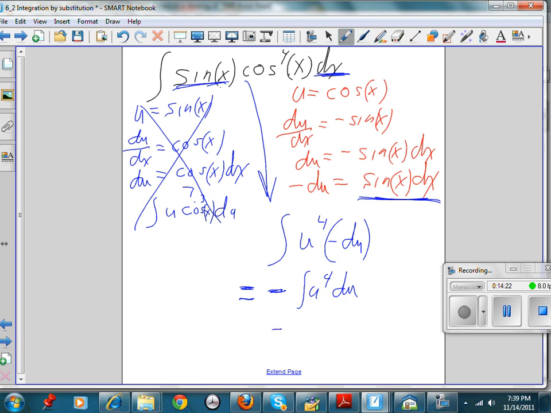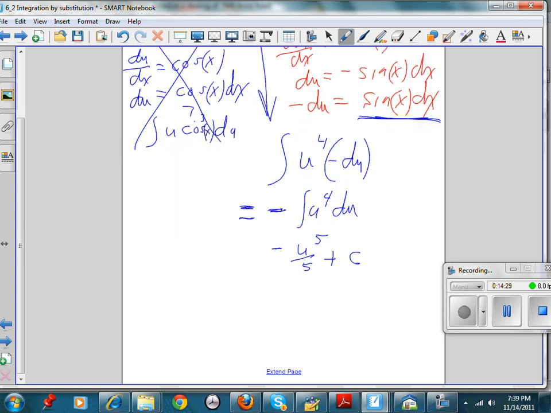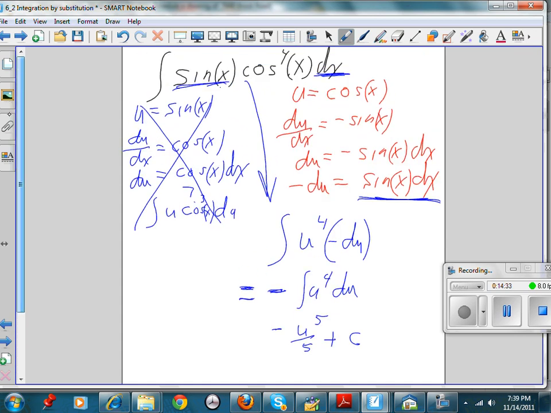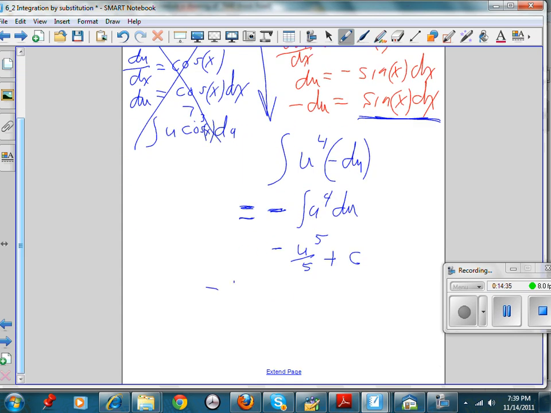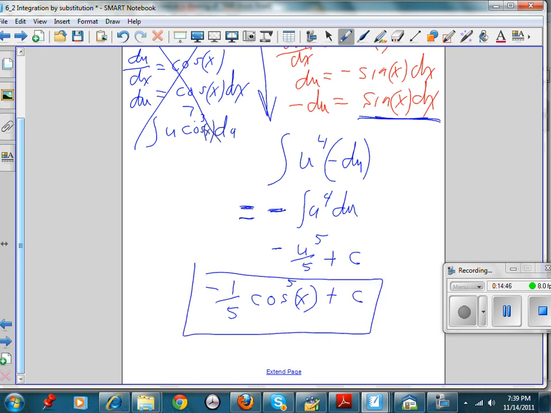Well, it's just going to be negative u to the 5th over 5 plus c. Well, what's u? We substitute back in. u is equal to the cosine, so the answer is minus 1/5 the cosine of x to the 5th power plus c. This would be our antiderivative.